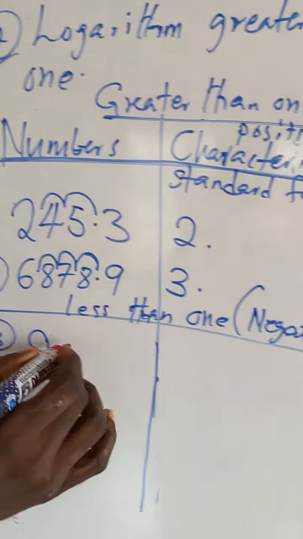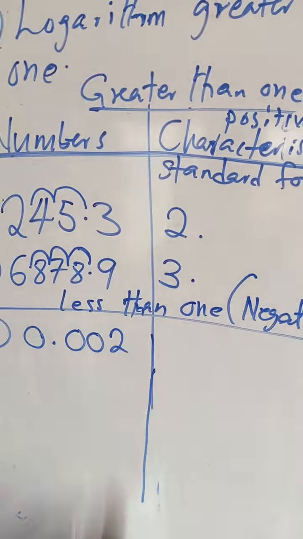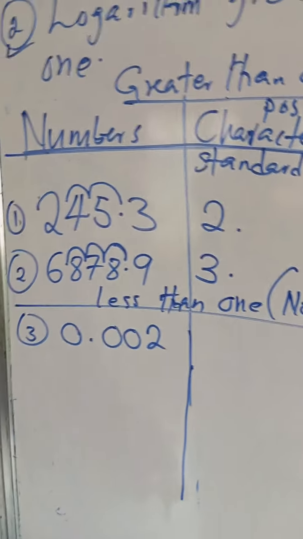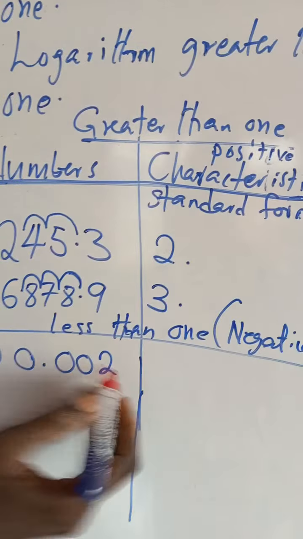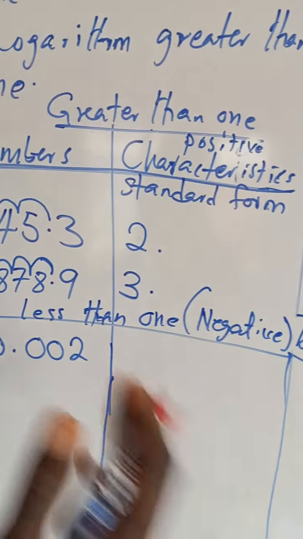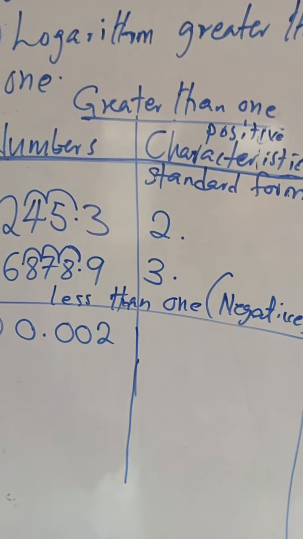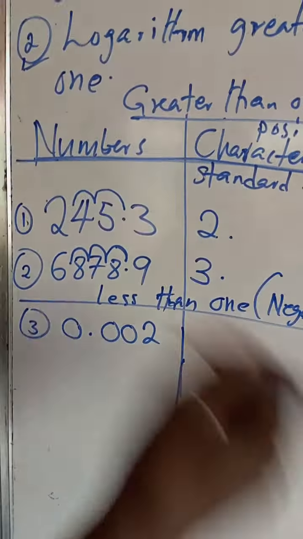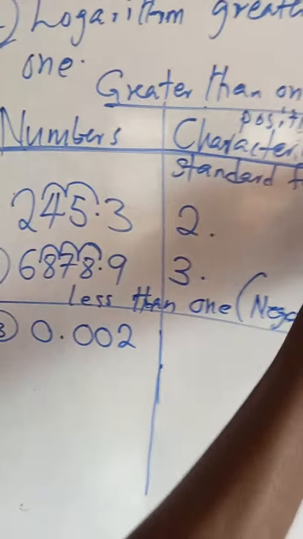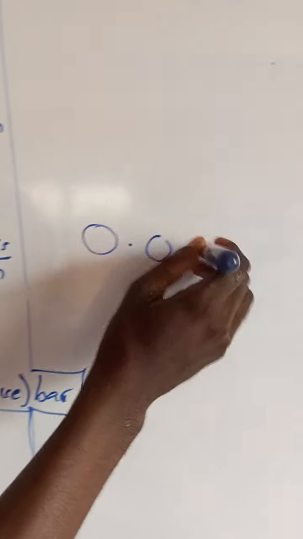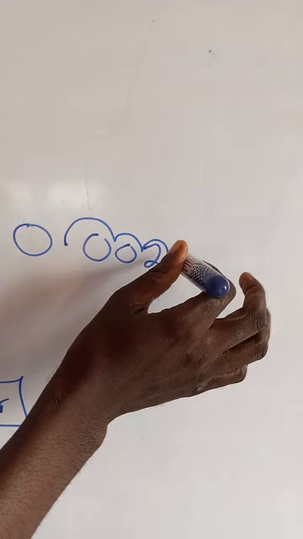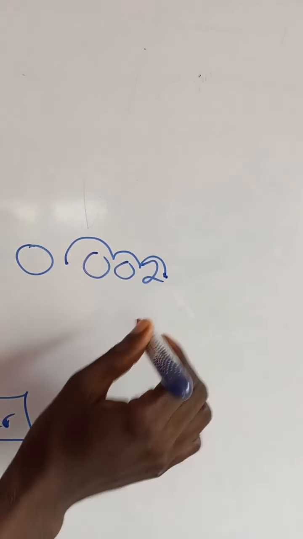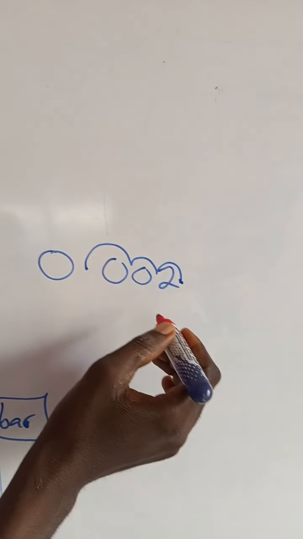Let's say 0.002. In standard form, you shift the point towards the back. I told you the other time that one that has a negative index, the standard form of this is 2 times 10 raised to the power minus 3, since I shift it 1, 2, 3. It must be at the back of the first number other than 0.